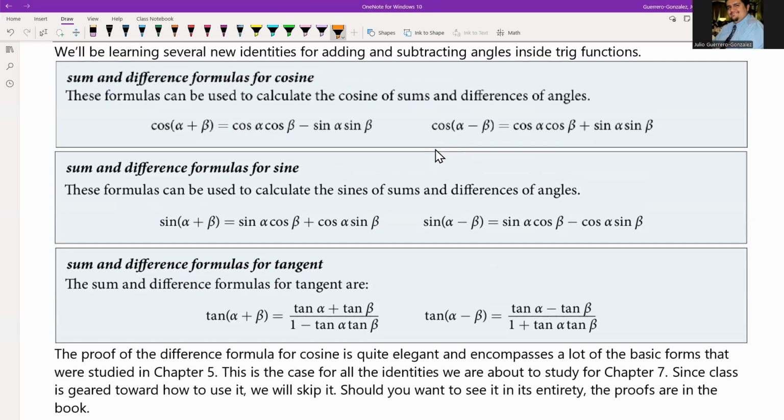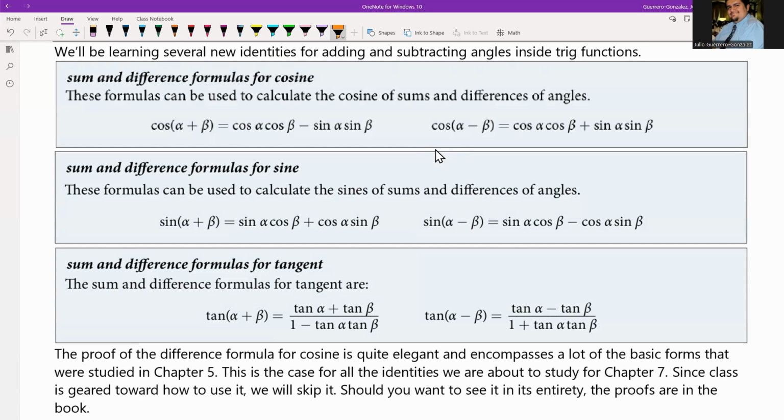The proof for all six of these that are on the screen right now is very elegant. It's very nice. It is very mathy. It makes me feel tingles inside. But for the majority of you, you won't need to know that.